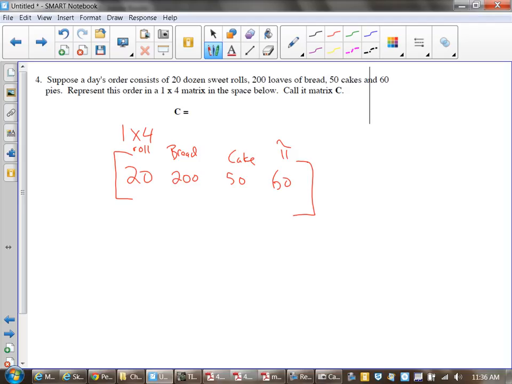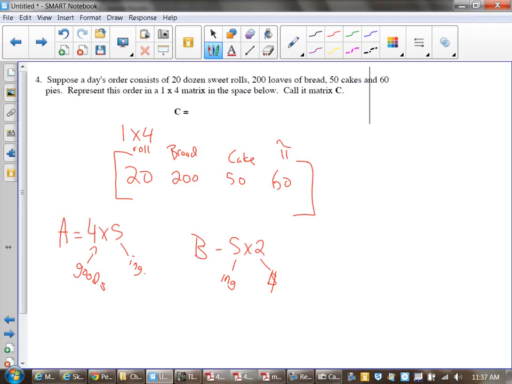What this is relating to, think about the three different matrices we have now. Matrix A was a 4x5 that dealt with goods and ingredients. Matrix B was a 5x2 that dealt with ingredients and price.